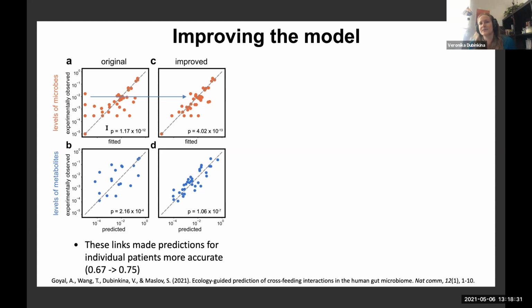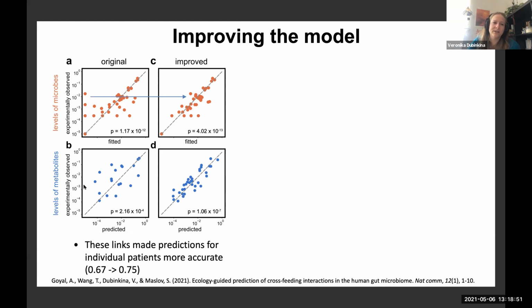Then those microbes were not really there according to our model, while they were measured in 16S or whole genome data. Well, now we added those consumption links to those microbes. They were able to survive. So all those points on the left here were brought to the diagonal.